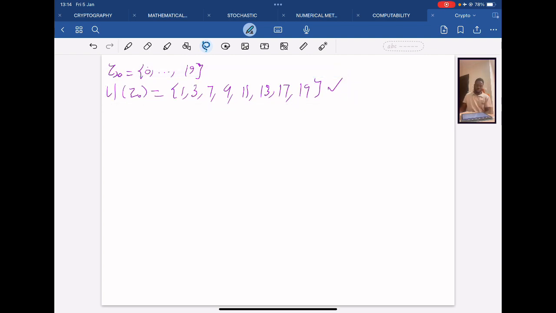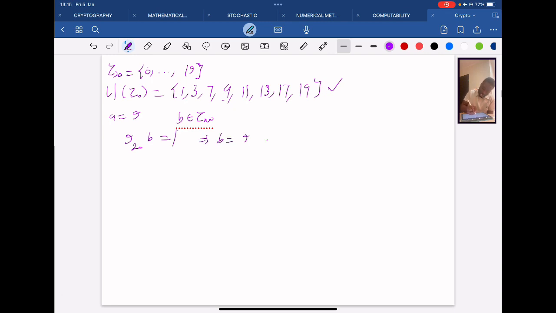Okay, so if you want to know the reason why these elements are invertible in Z20, for instance, if we pick, say, A equal to 9, we want to see why 9 is invertible in Z20, meaning that if we pick, say, a B in Z20, 9 modulo 20 times that B should give us 1. You understand? So the number that will satisfy this equation is when B is equal to 9.